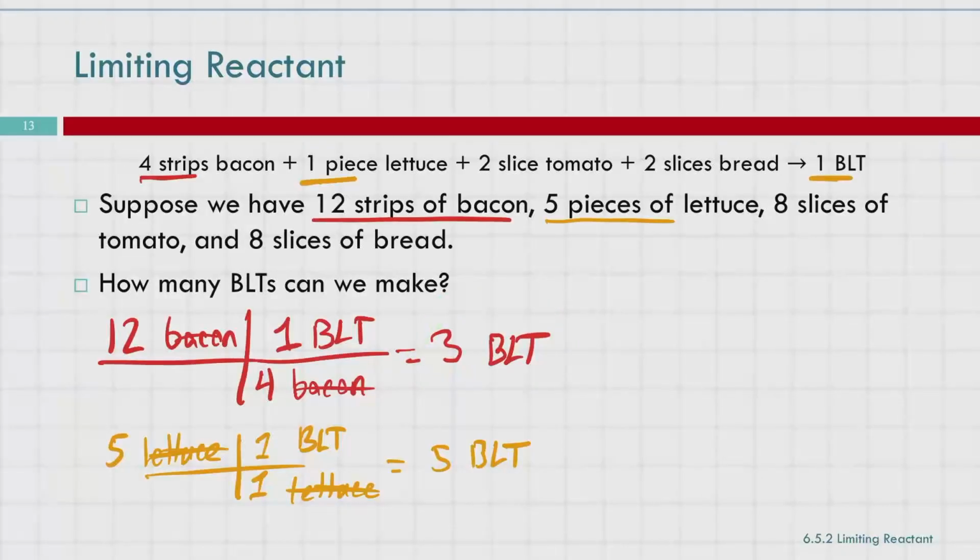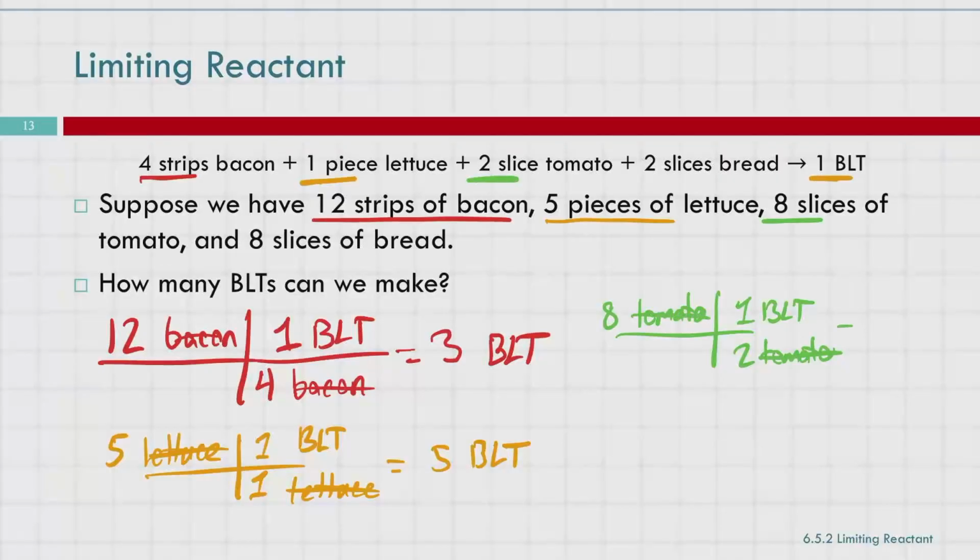So let's see if any of our other ingredients run out before our bacon. So we've got 8 slices of tomato, and we've got 2 slices put in equals 1 sandwich coming out. So 1 BLT out for 2 slices of tomato in.